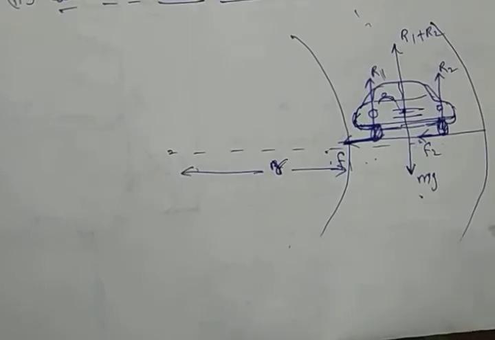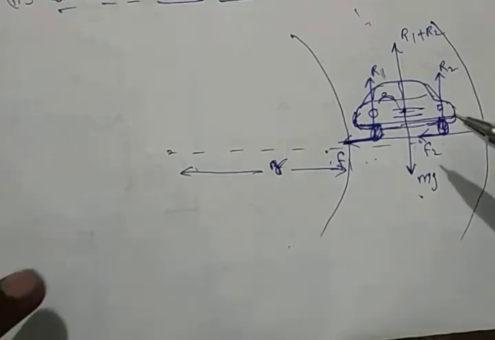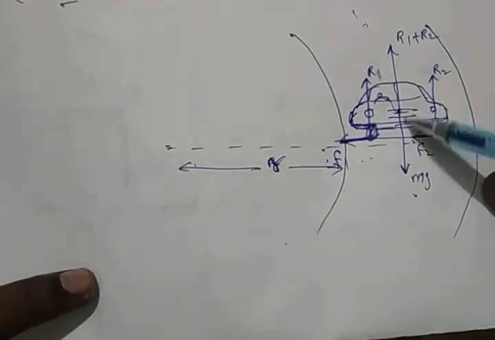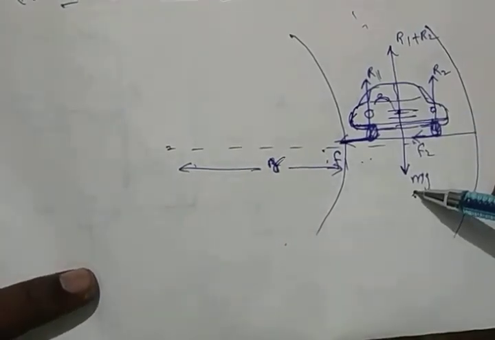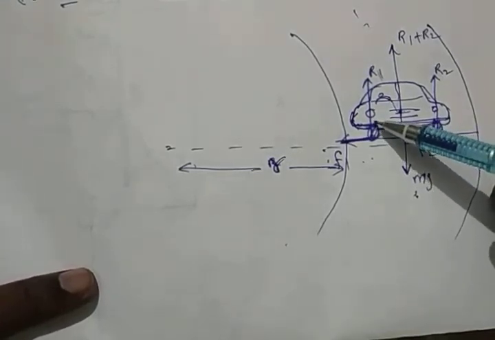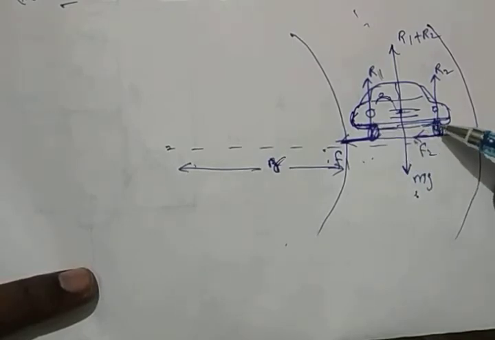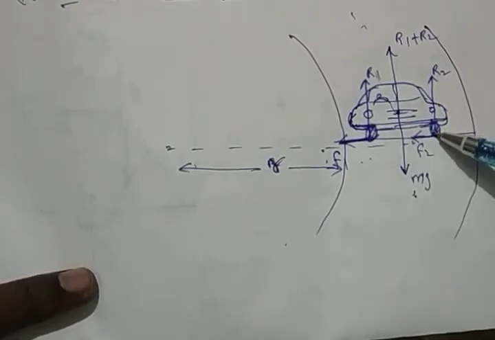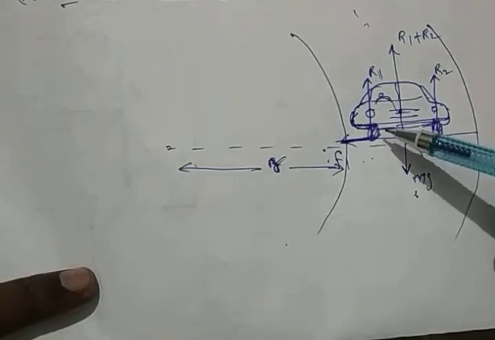Traveling in a circular path of radius small r. So the weight of the car, mg, acts vertically downwards. The normal reactions R1 and R2 of both the tires act upwards.